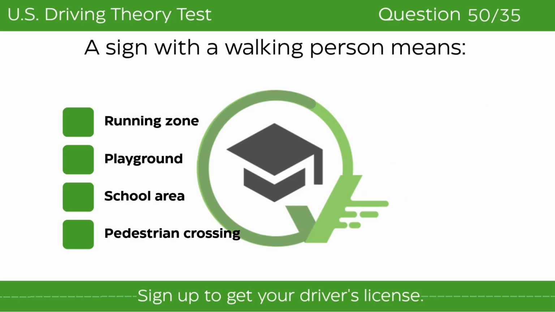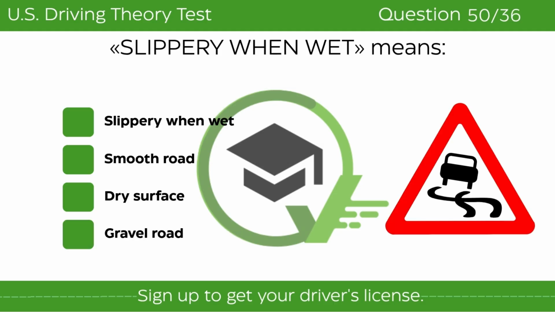A sign with a walking person means D. Pedestrian crossing. Question 36. Slippery when wet means A. Slippery when wet.